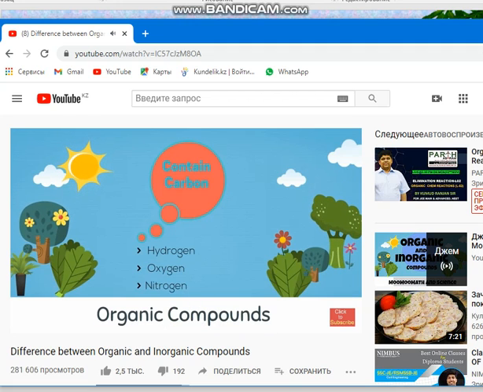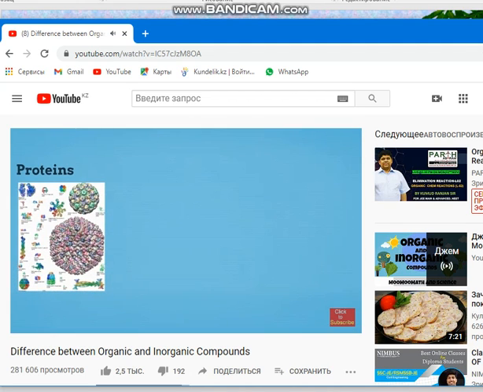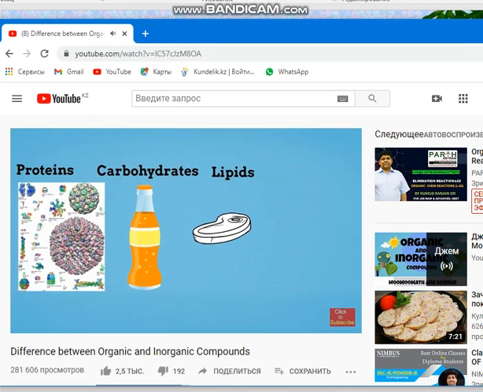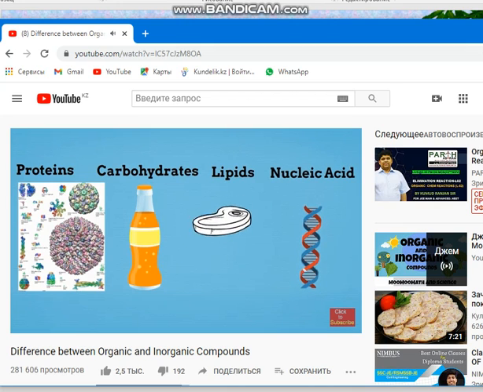There are several important groups of organic compounds found in living things. They are proteins, carbohydrates like sugar, lipids, which are fats and waxes, and nucleic acids such as DNA and RNA.